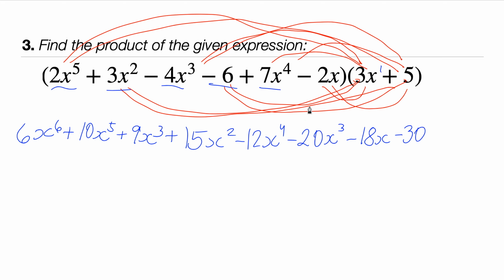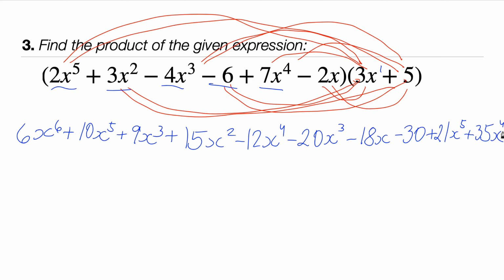Now we're here. 7x to the fourth times 3x, so 7 times 3 is going to give us plus 21x to the fifth. And then 7x to the fourth times 5. 7 times 5 is going to give us 35. This is going to become plus 35x to the fourth.